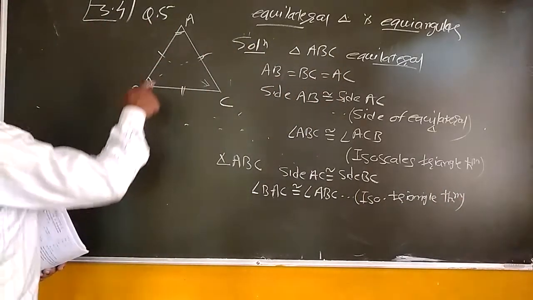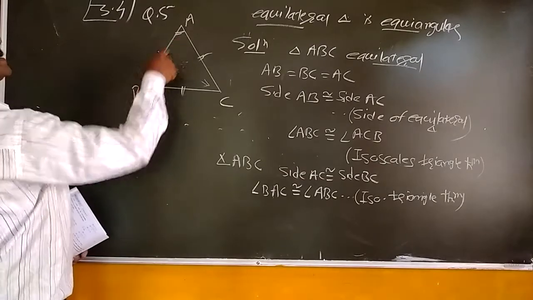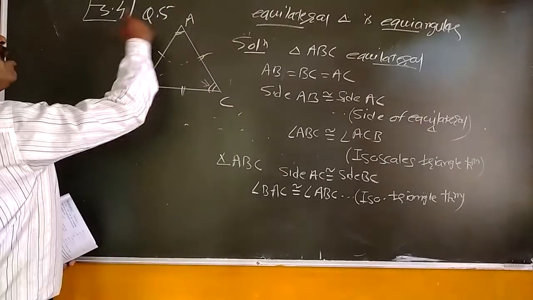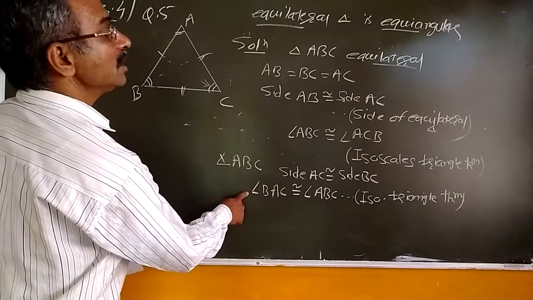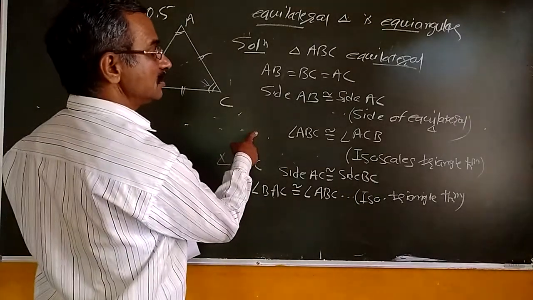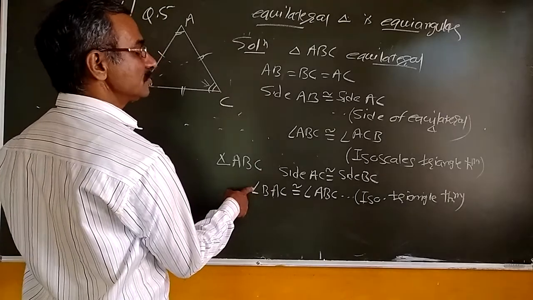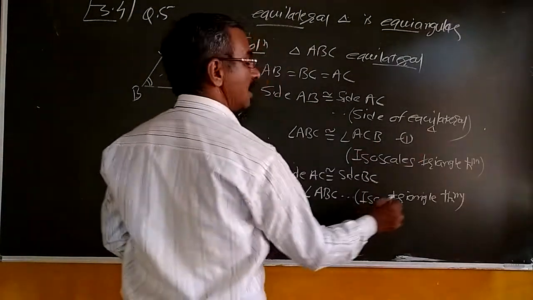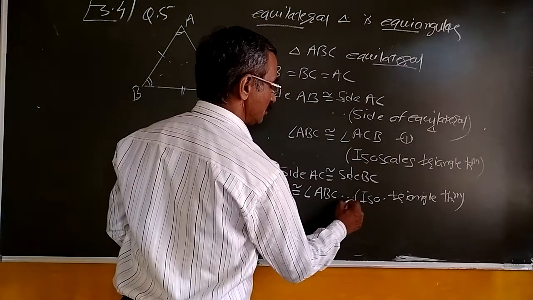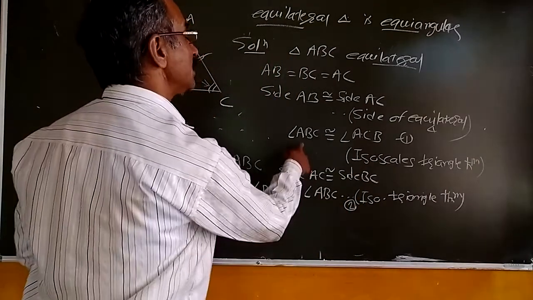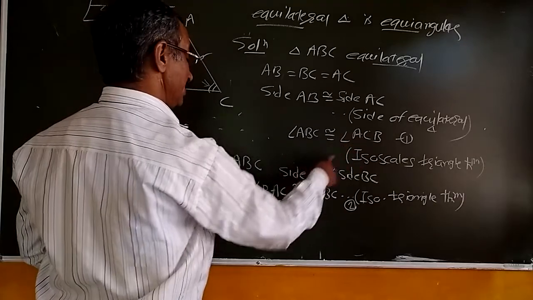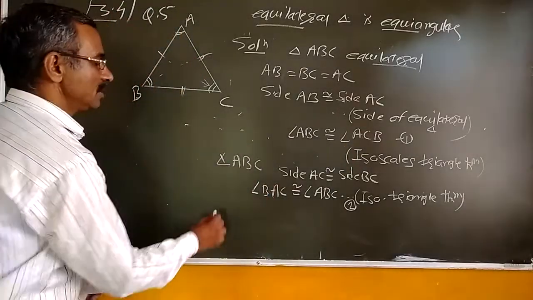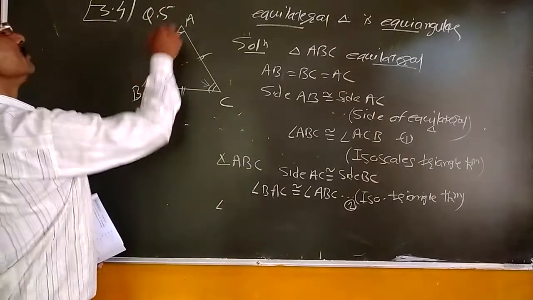So these two are congruent, these two are also congruent. From equation 1 and equation 2, all angles A, B, C of the given triangle are congruent.